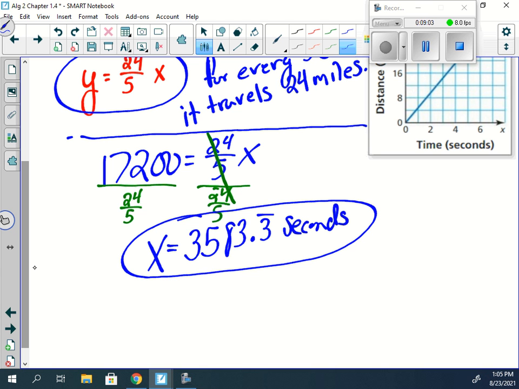So it'll take it almost 1 hour to travel that far. 3,600 seconds is 1 hour. So it's almost an hour for it to travel 17,200 miles.